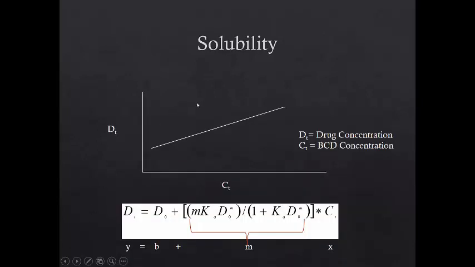So we can plot this, can't we? Our CT is the increasing concentration of our beta-cyclodextrin.